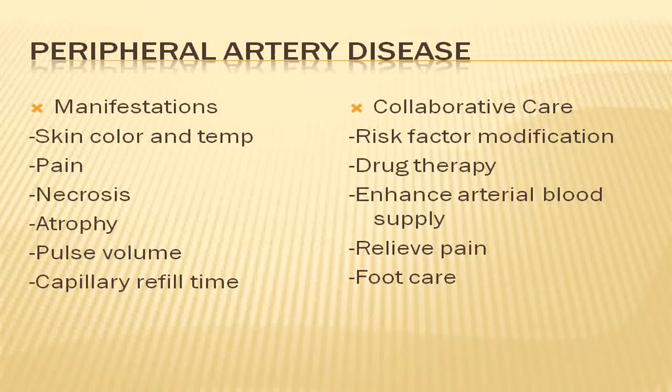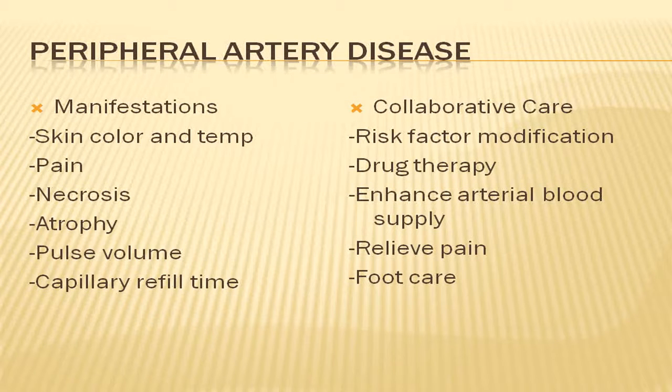And so our collaborative care for a patient experiencing peripheral artery disease, well, first thing we want to look at is risk factor modification. We've talked about smoking being a cause of peripheral artery disease, so it will make sense that we want this person to stop smoking.